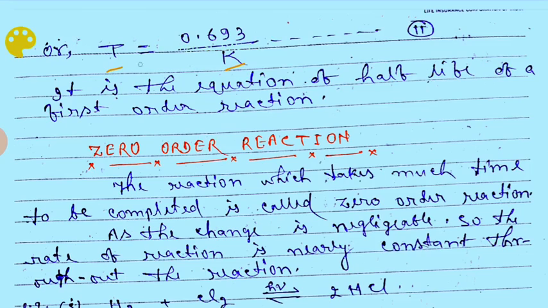Or if you know the half-life period of first order reaction, you can calculate the disintegration constant also, or rate constant also. What will be its SI unit? No problem, it will be second, because time is measured in second.